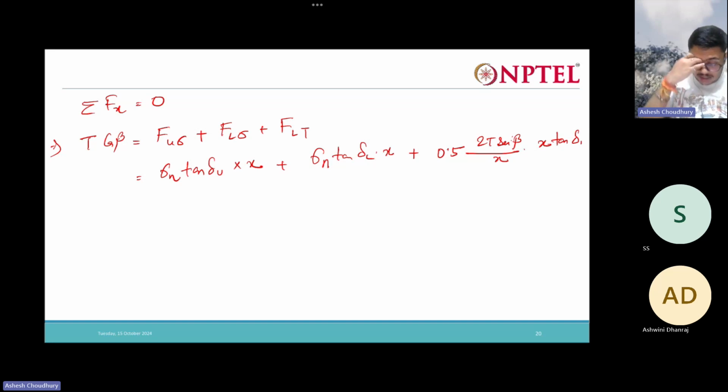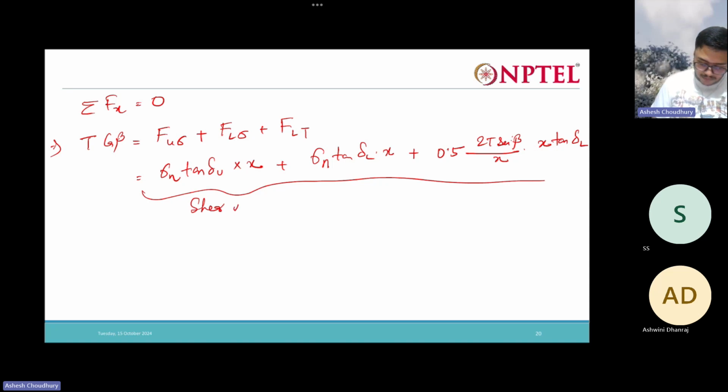This is the total shear resistance that balances the horizontal component of the tension.